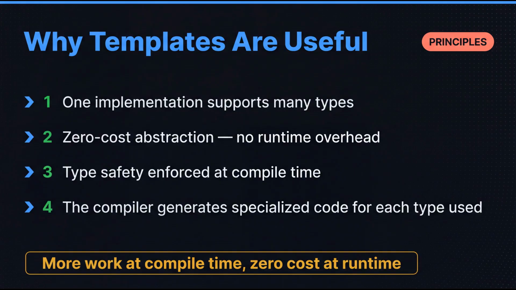The generated code is as fast as handwritten, type-specific code. Third, type safety enforced at compile time. If a type doesn't support the operations your template uses, you get a compile error, not a runtime crash. Fourth, the compiler generates specialized code for each type used. This means the optimizer can see everything and produce tight, efficient machine code.